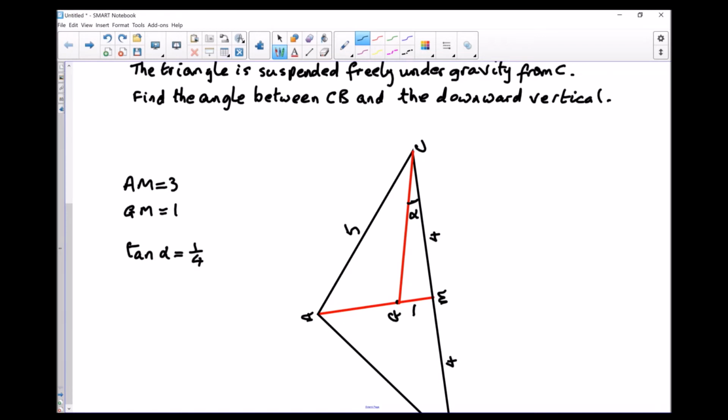If we look that up in our tables, or in our calculator, alpha is 14.036... We didn't really want that red dot, equals 14.0 degrees. So there is the angle between BC and the downward vertical when we are hanging the thing freely from C.